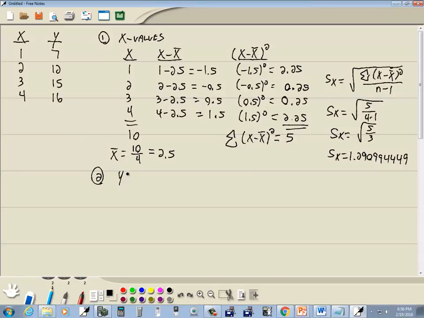Well, then we need to look at our y values. So our y values, we've got 7, 12, 15, and 16.